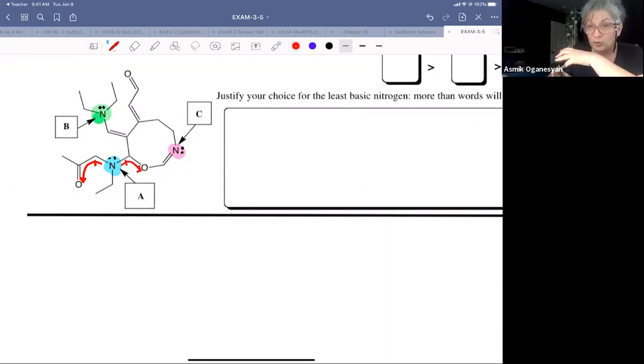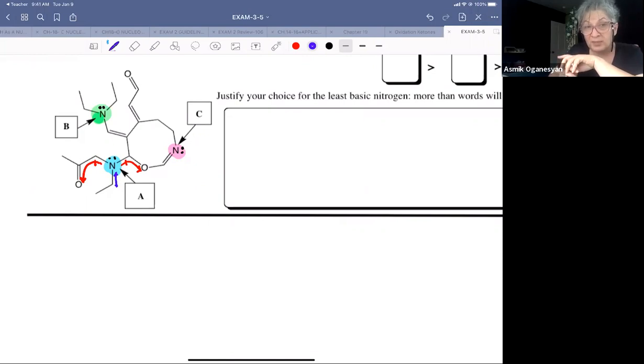So we have two inductive withdrawals of electron density from the nitrogen, and also a weak hyperconjugation towards nitrogen from the alkyl group. So here, no resonance contribution.